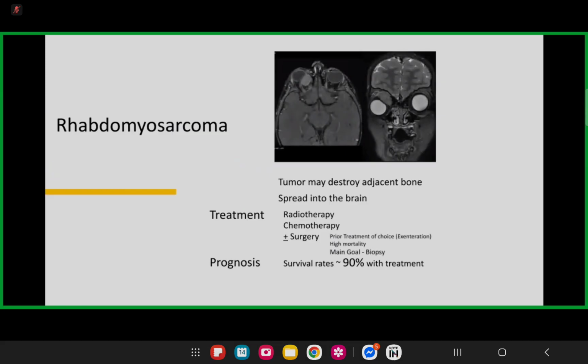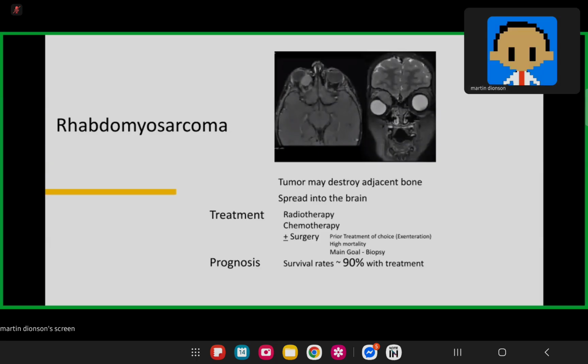Okay, surgery used to be the primary treatment, by doing exenteration, until about the 1960s. But even with exenteration, or removal of the mass including the eye, the mortality rate was still high. About 70% of children with rhabdomyosarcoma still died despite removal of the tumor and the eye.